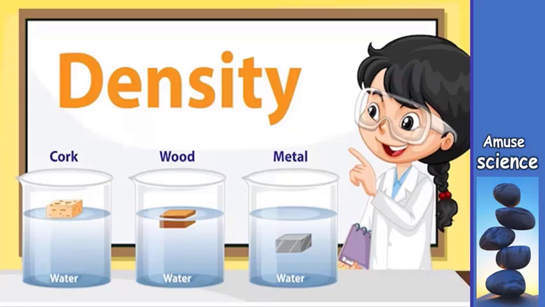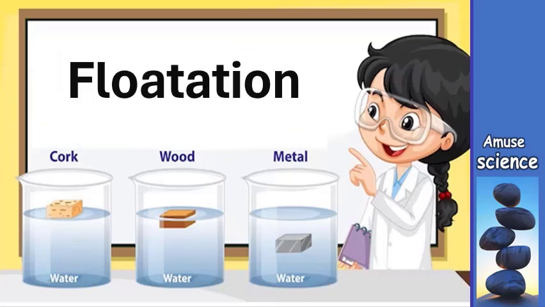Now let's examine this setup to establish some additional information about the concept of flotation. In the setup, we have 3 containers of water, initially of the same level. 3 different objects, namely a cork, wood, and metal, are put in them.